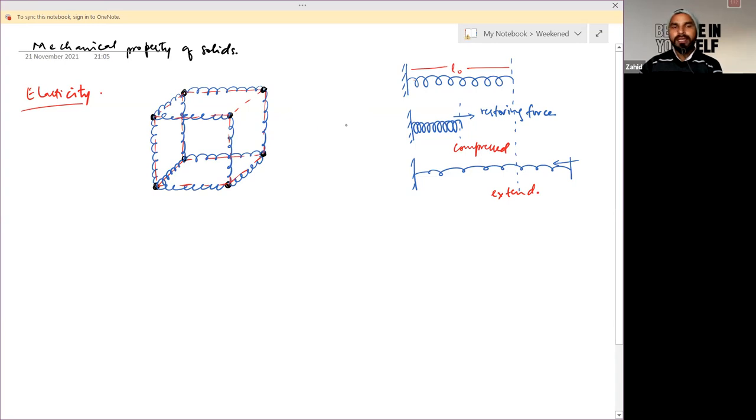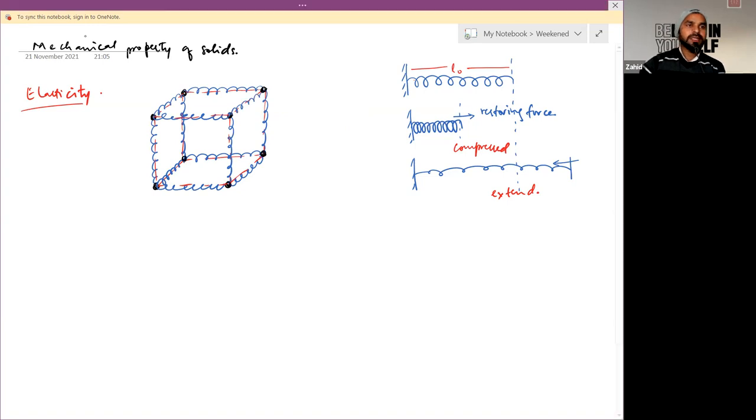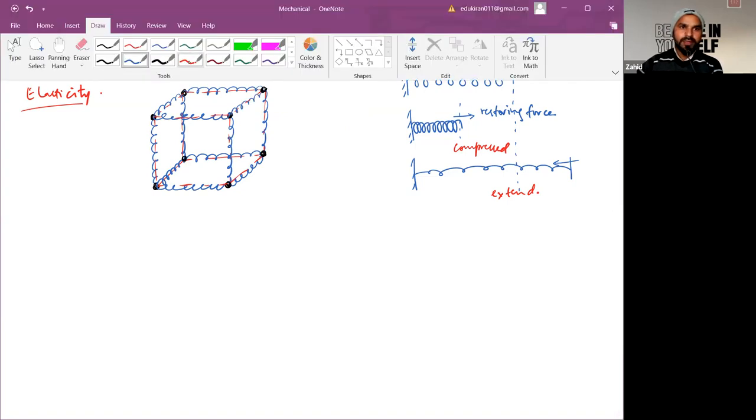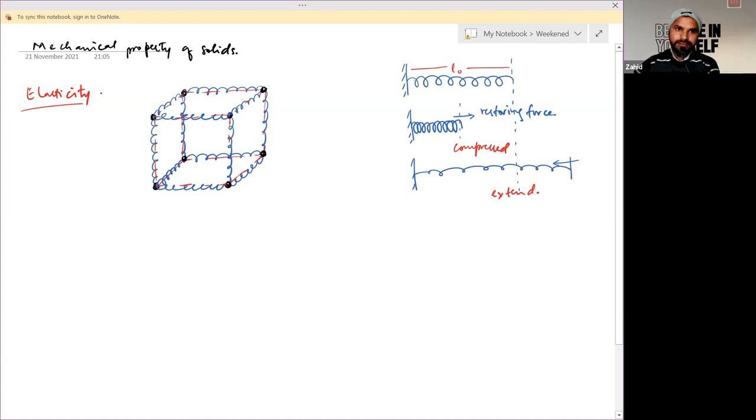Now, if you apply a deforming force to any of its atoms, let's say at this upper corner, it will extend along this line to this point. Due to the elastic nature of the bond, a force is developed on the body which will tend to restore its original configuration or shape.